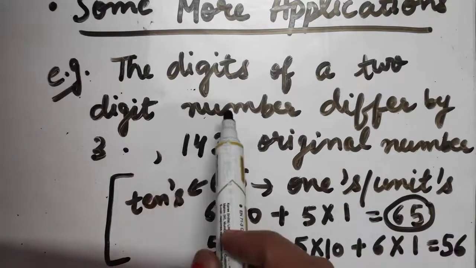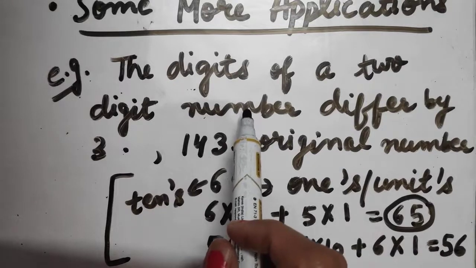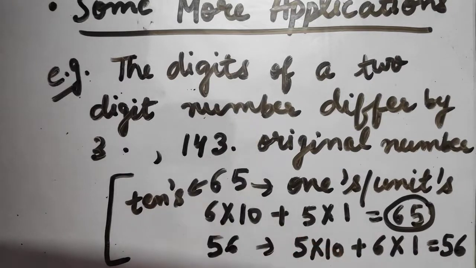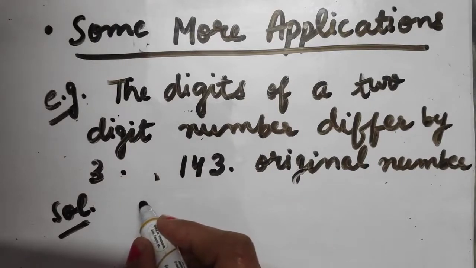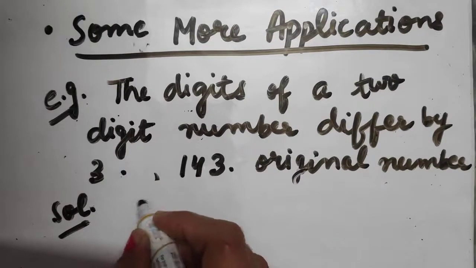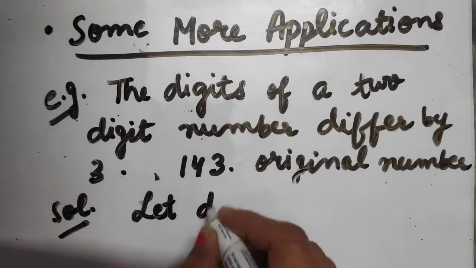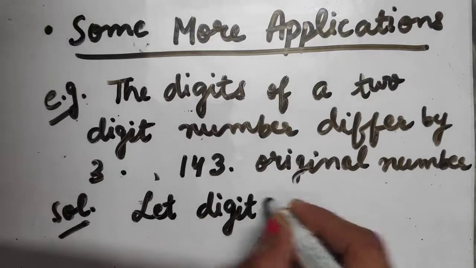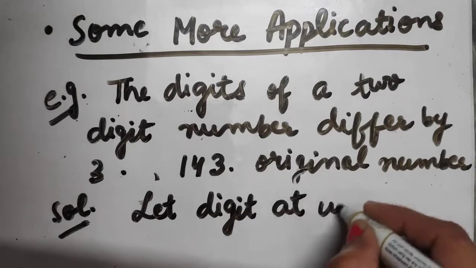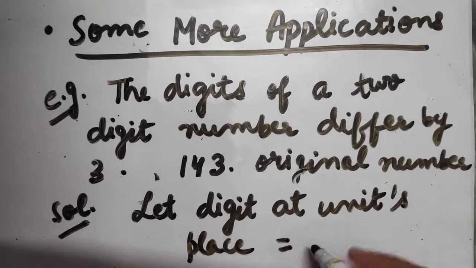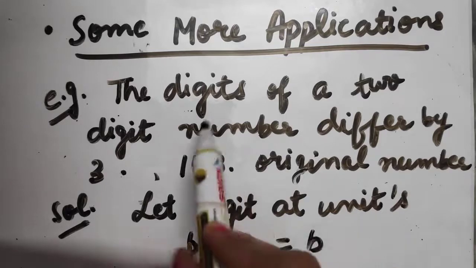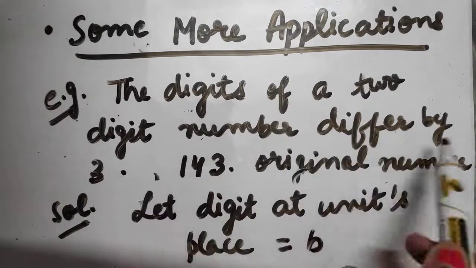Now I am going to discuss the solution of this example. Let the digit at units place be equal to B. Now it is written the digits of a two-digit number differ by 3.